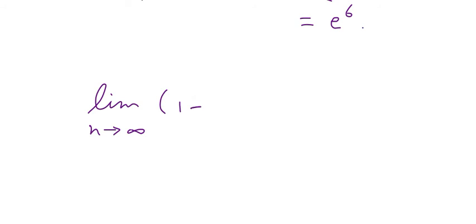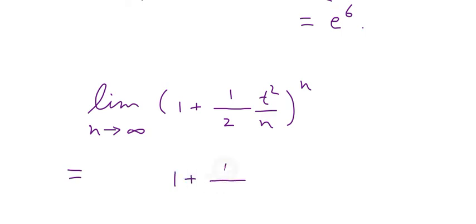So 1 plus x to the power 2n over t square is e, since 1 plus x to the 1 over x is e.